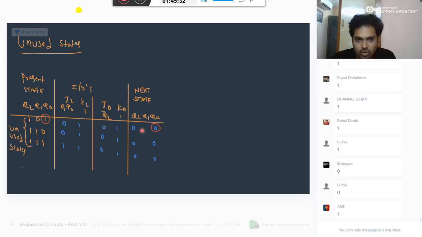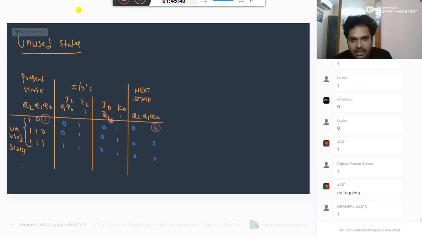For understanding Q1 output, what is the analysis you should do? Present Q0 and next Q0. You see, what is the answer? It changed from 1 to 0. 1 to 0 means previous bar. Previous bar of 0 is how much? Here also, it changed from 1 to 0.